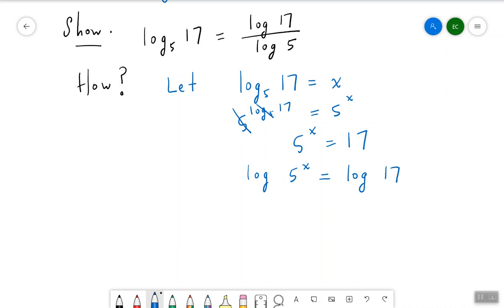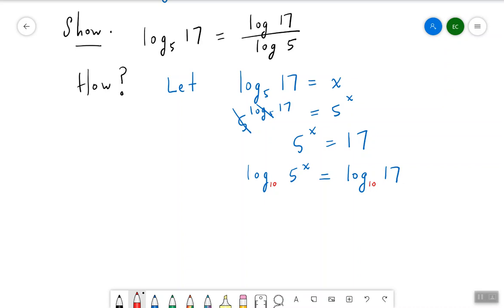And it may not be initially obvious why I would want to do that, because in the past we emphasized having the same base in the log and the exponential, and now we don't have that, right? The exponential has base 5, the log is a common log. There's a base 10 there, and we can write it in if we like. Maybe better if we don't, if we just remember that it's there.